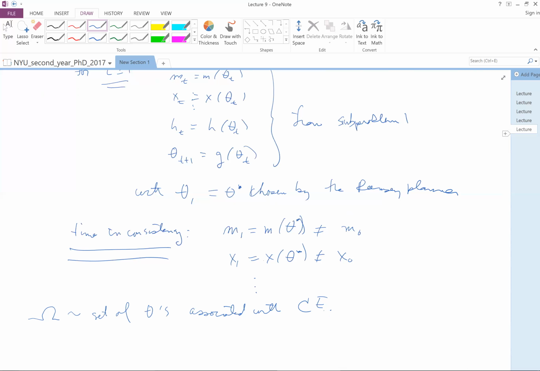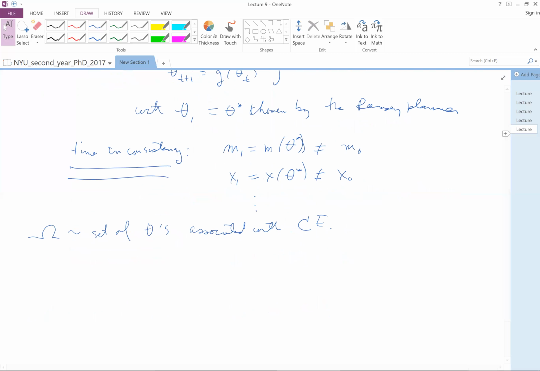So how do you find that set? We took it as given. And Chang has a procedure for it. And I'll tell you the heart of the procedure.